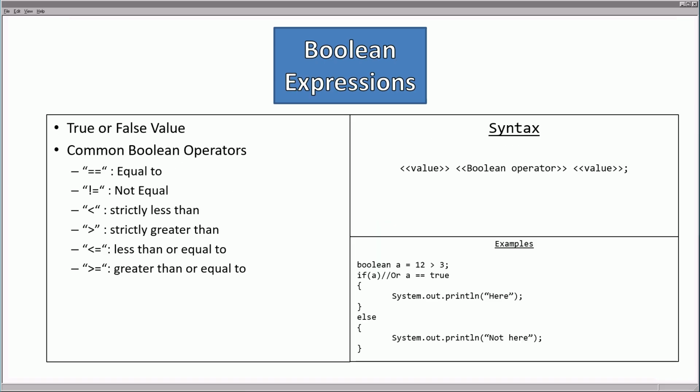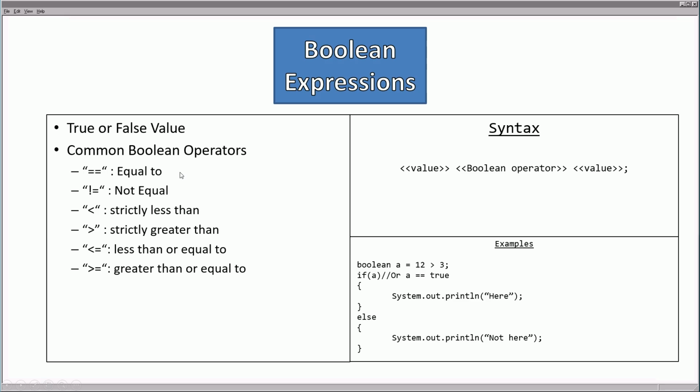Now, with all the talk about branching statements, we keep bringing up Boolean expressions. Now, what those are is some sort of way to render a true and a false value. And there's a lot of common Boolean operators that we use. For instance, the 2 equals is equal to, and now this one is like the mathematical operator equals.